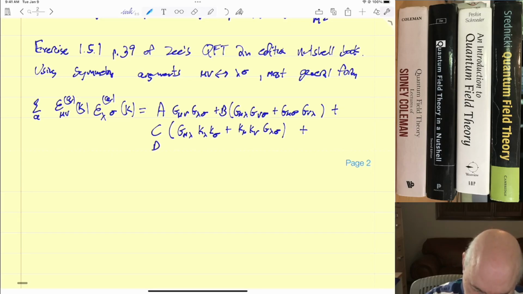Fourth term. This is the most complicated one. And then finally our last term.